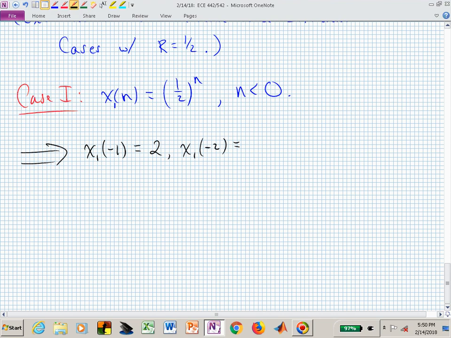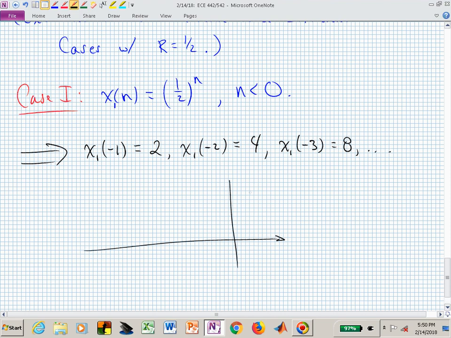So that negative index is basically inverting the a. A is 1/2, we invert it, we get 2, and now we have 2 squared, so this should be 4. Or, one more, and it just keeps going.